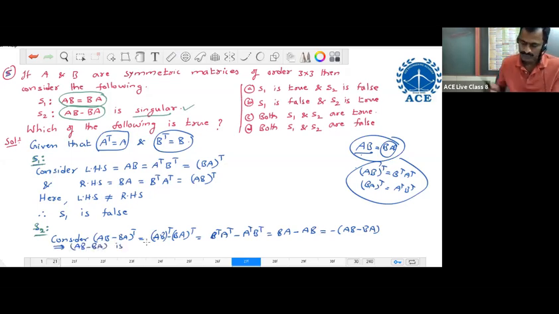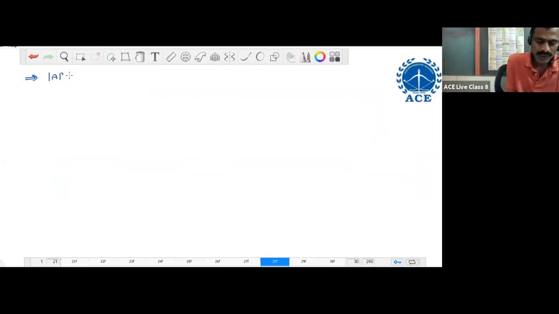Which implies AB minus BA is a skew symmetric matrix of order 3, which implies determinant of AB minus BA equal to 0.